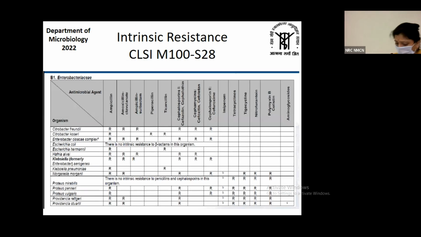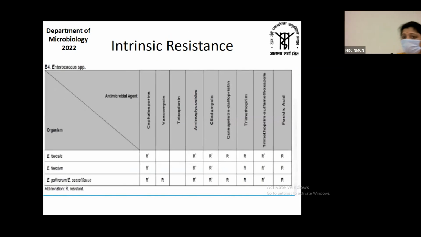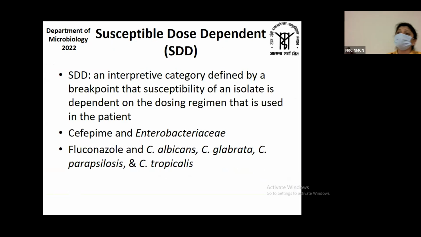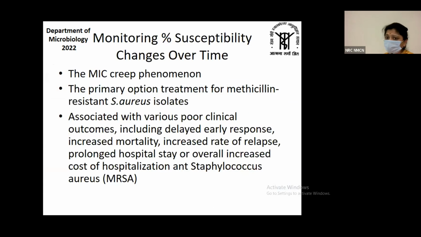For example, Proteus species or some of the UTI-causing isolates have intrinsic resistance to cephalosporins. Among the gram positives, we know that enterococci are intrinsically resistant to the cephalosporins. Intrinsically resistant agents are not reported for that isolate. I have already discussed the SDD, so I will not take much time.